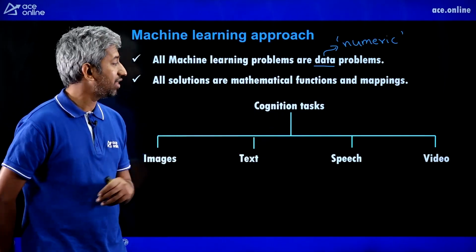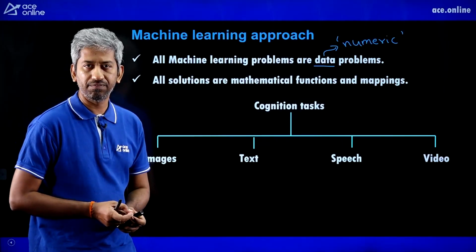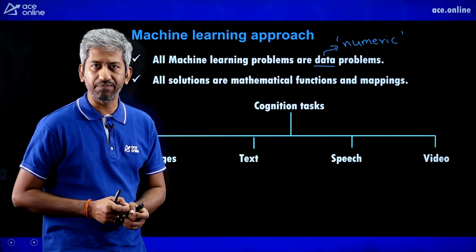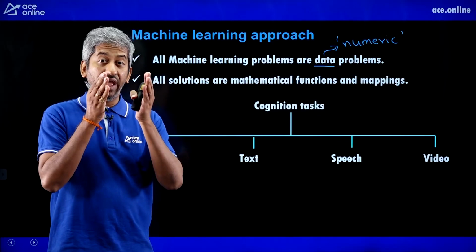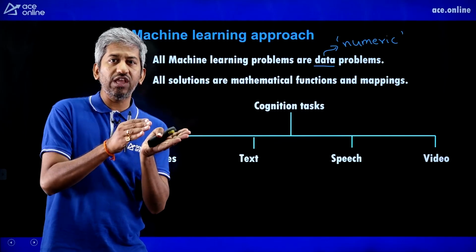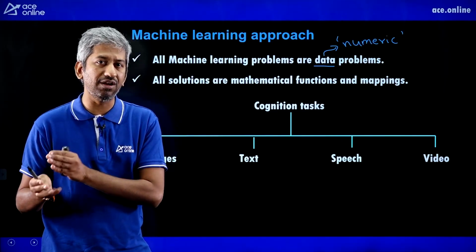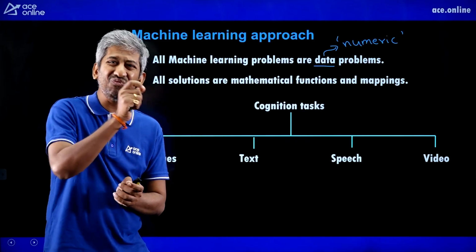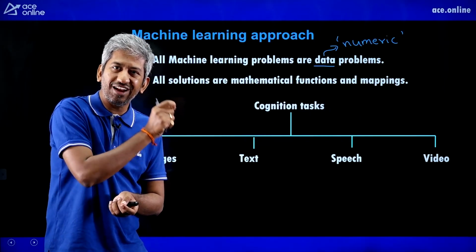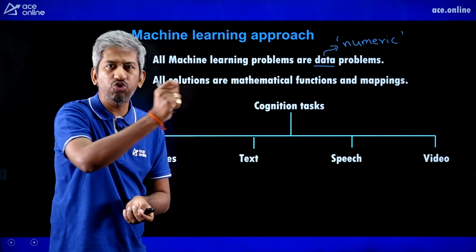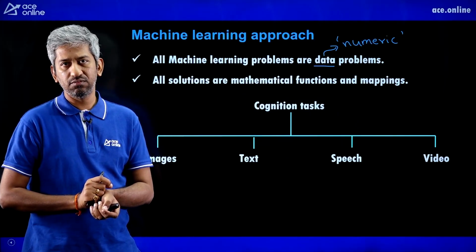This kind of data is called qualitative data. So a part of solving your machine learning problem deals with converting this qualitative input into numerical input.